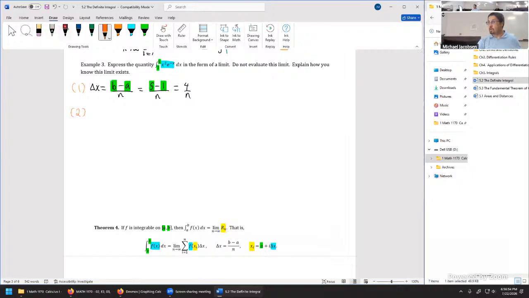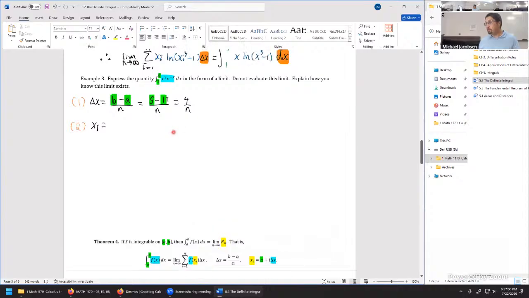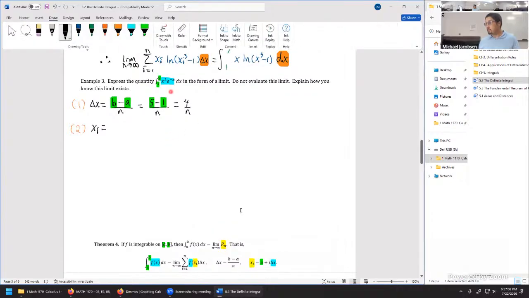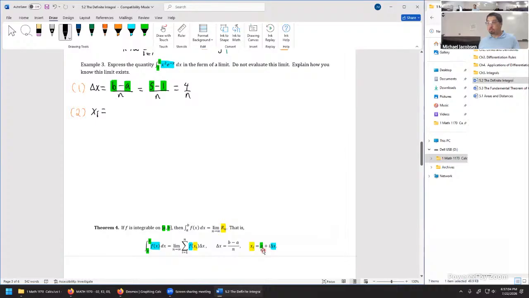So xi is going to be a, following the formula down below. A in our problem is the lower limit of integration, so it's going to be 1 plus i times delta x, whatever delta x happened to be.